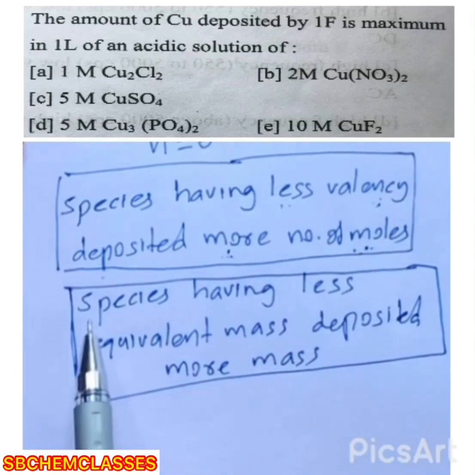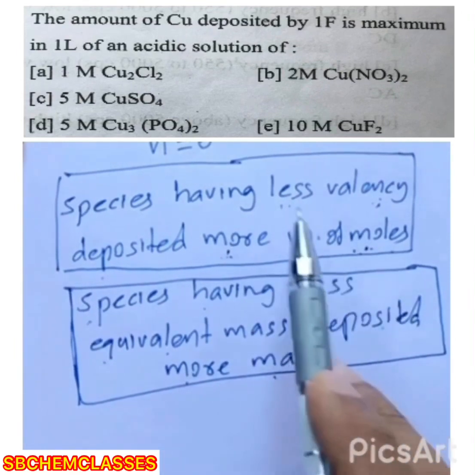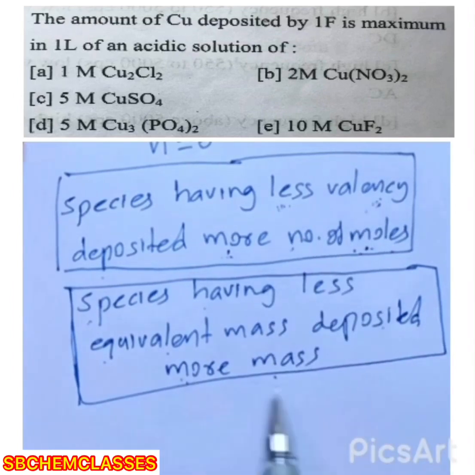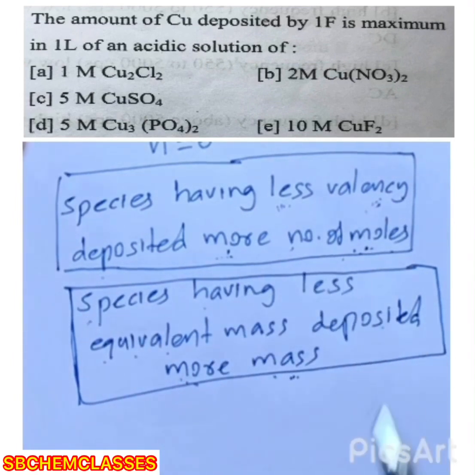And we have to focus on this point: species having less equivalent mass deposit more mass. To determine number of moles, we compare valency only. To determine amount of substance, that is mass of substance, equivalent mass is considered. Less equivalent mass deposits more mass. Less valency deposits more number of moles.